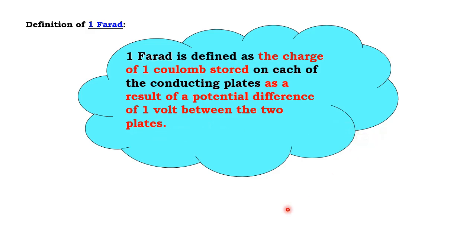So, from the equation C equal to Q over V, 1 coulomb of charge divided by 1 volt of potential difference, you will get 1 farad. That is the value for 1 farad of capacitance.